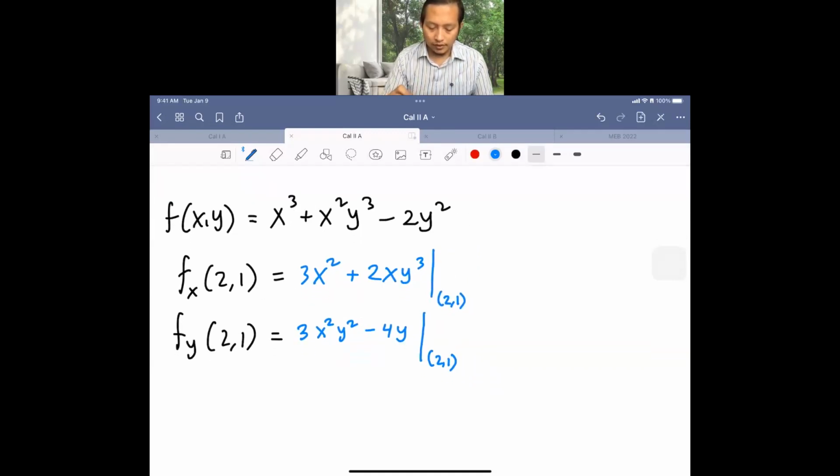So we are going to have 12 plus 4, 16. This part will be 12 minus 4, 8.